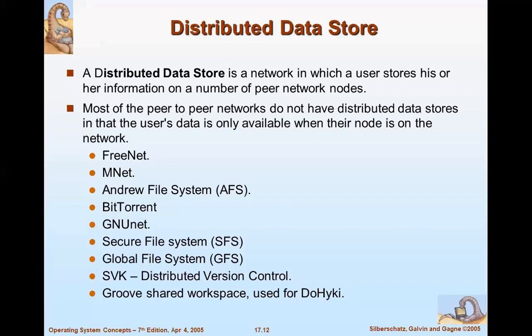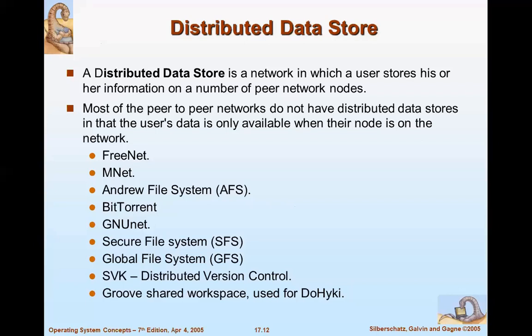And this is also the same whenever the server is available, the cloud services are available, the internet connectivity is available, the server is on, then you would be able to access the related resources of that server. Here are some examples he is giving of this distributed data store, that is Freenet, Mnet.